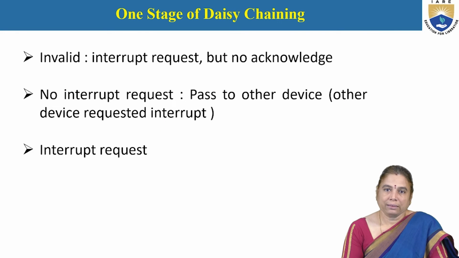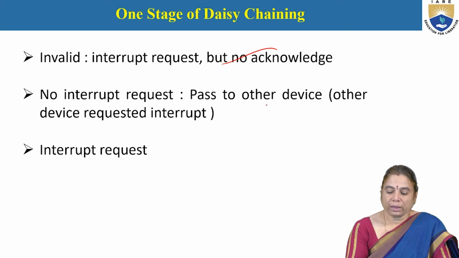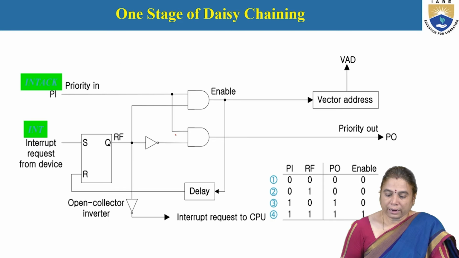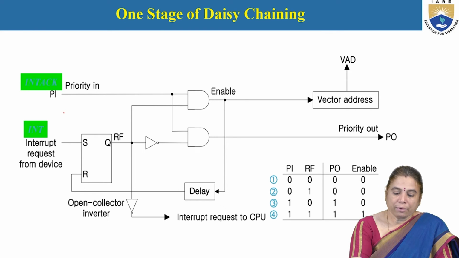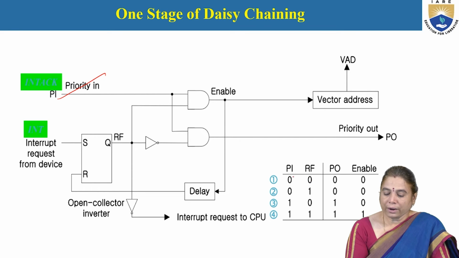One stage of daisy chaining has to evaluate invalid, that is, the interrupt is requested but not acknowledged, and no interrupt request is passed to other devices. To indicate this one stage of daisy chaining, this is the internal circuit, and here PI and PO are the priority in and priority out. The priority in request has to be given to each and every device, and depending on RF and PI, the PO can be set.